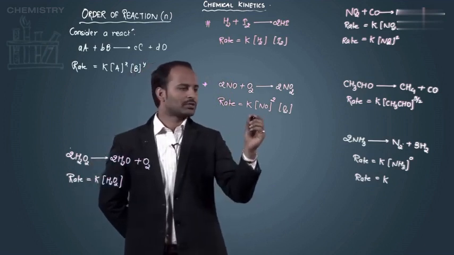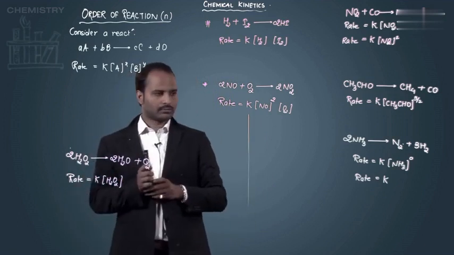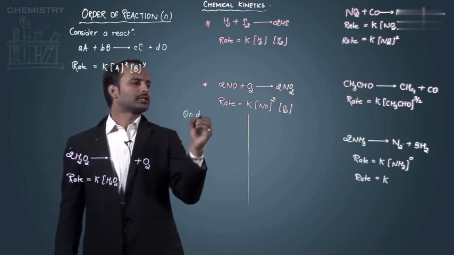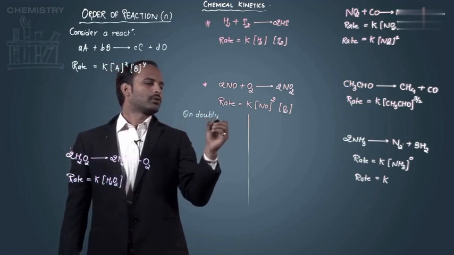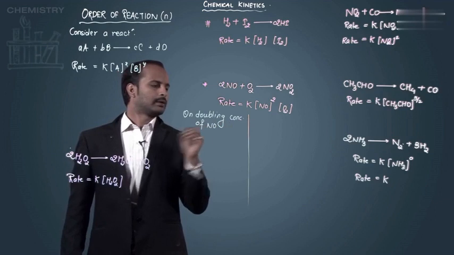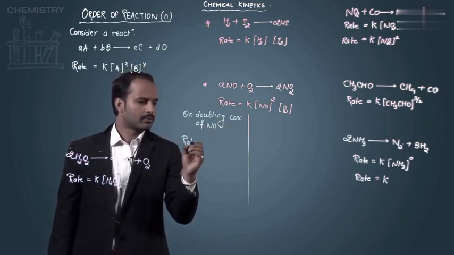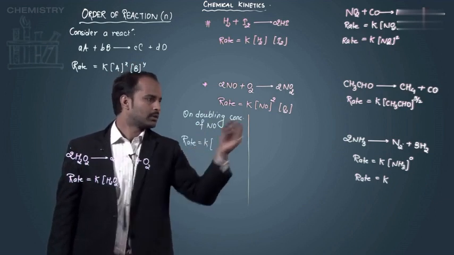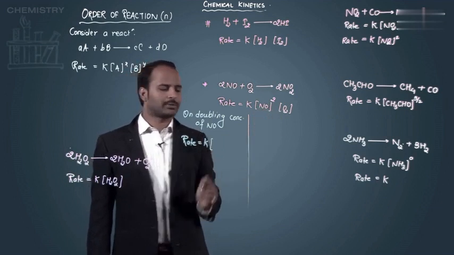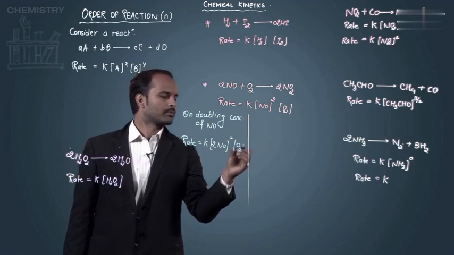So first I am changing the concentration of NO. As I said, the change should be the same, so I'm doubling the concentration of NO. On doubling the concentration of NO, rate is equal to K into, suppose if it was 5, then now it will become 10, means whatever the initial amount multiplied by 2, so it will become 2 into NO whole square into O2.